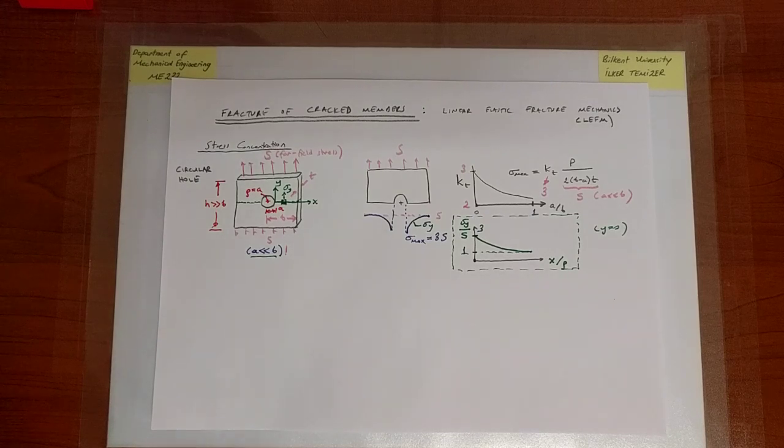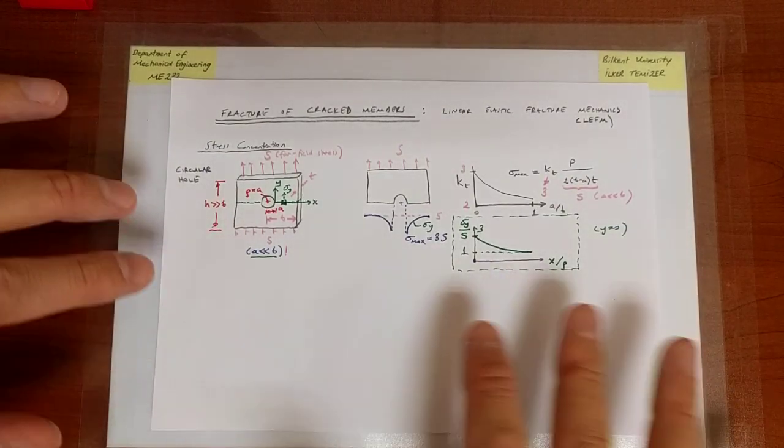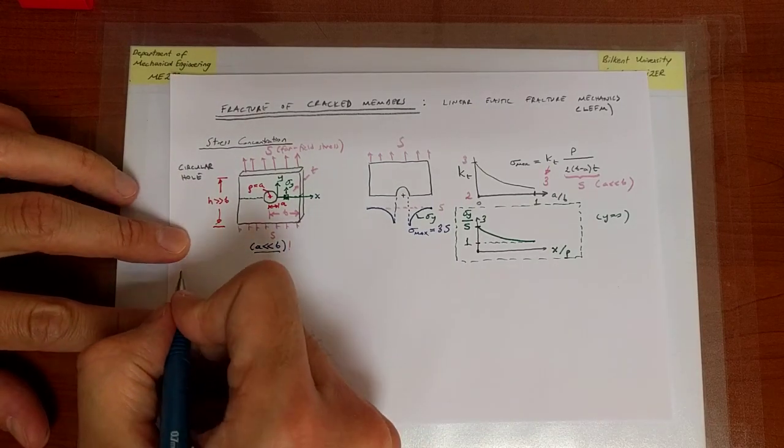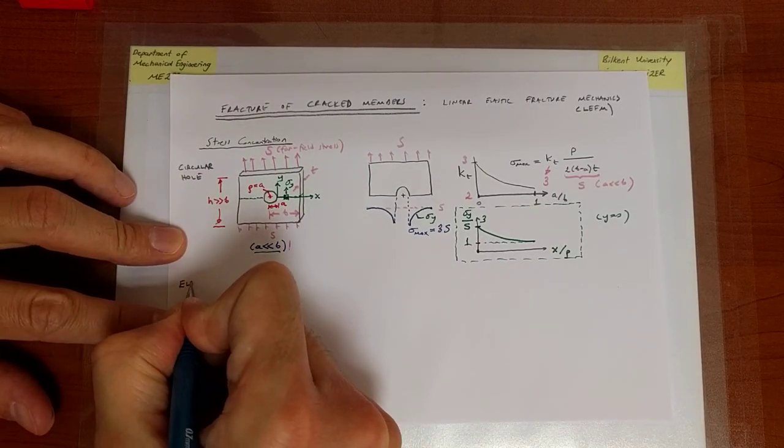Now this is just a review of what we already know from ME 231. What I would like to do now is consider a hole with a different shape, and it's going to be an elliptical hole.